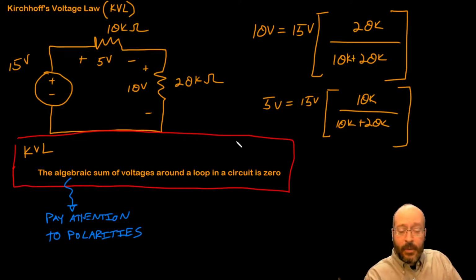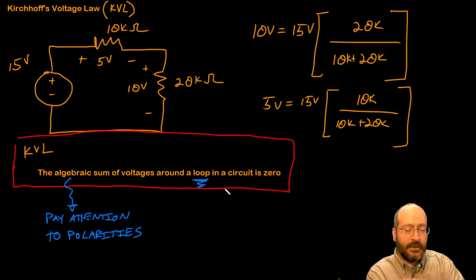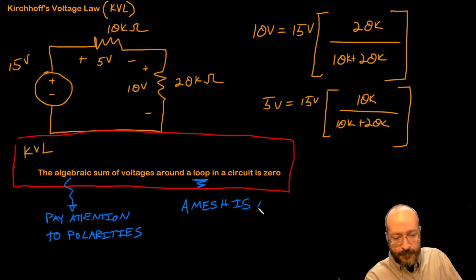The other thing I'll point out is that I use the word loop, and when I introduced loops and the very closely related concept of meshes, I said I'm going to use these words carefully. I'm saying loop here, and we've got to remember that a mesh is a loop. Okay, but a loop isn't always a mesh.